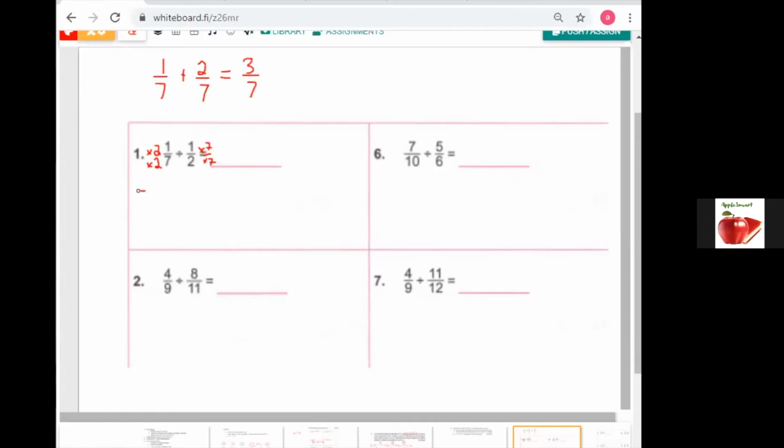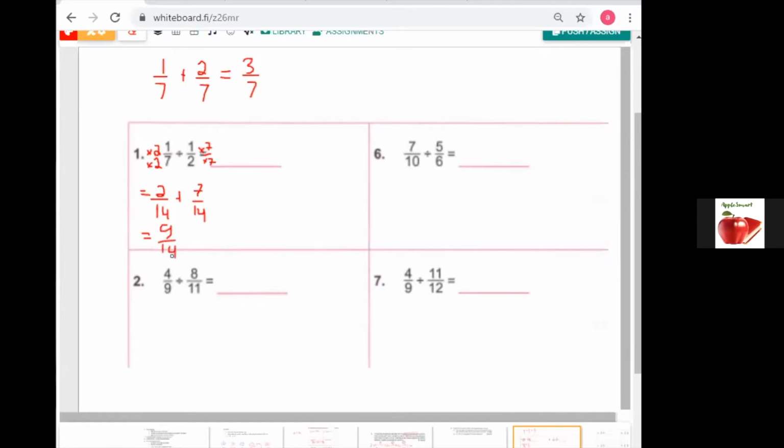From this I would get 2/14. And then I'd multiply 1/2 by 7/7, which would be 7/14. Now, what do you notice now about the denominators? They're both 14. So what's 2/14 plus 7/14? That's 9/14.